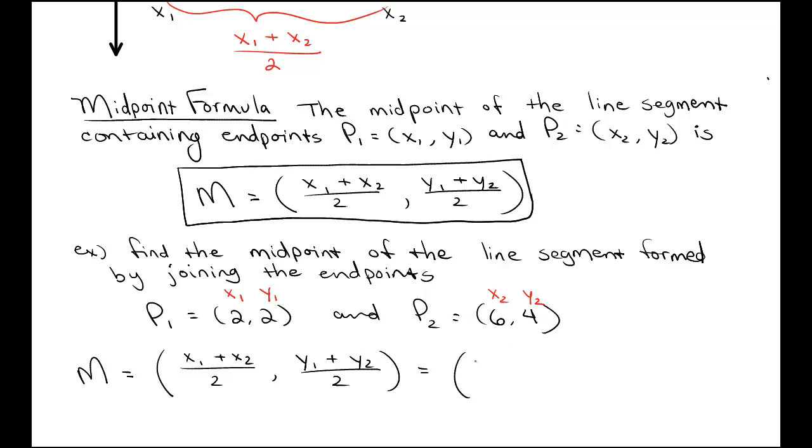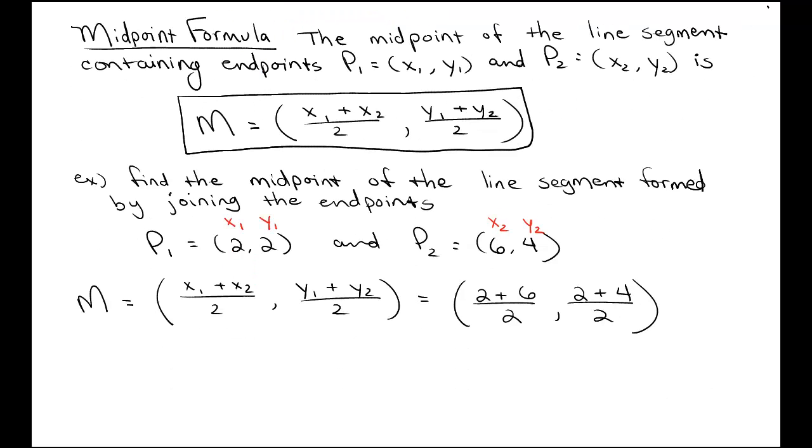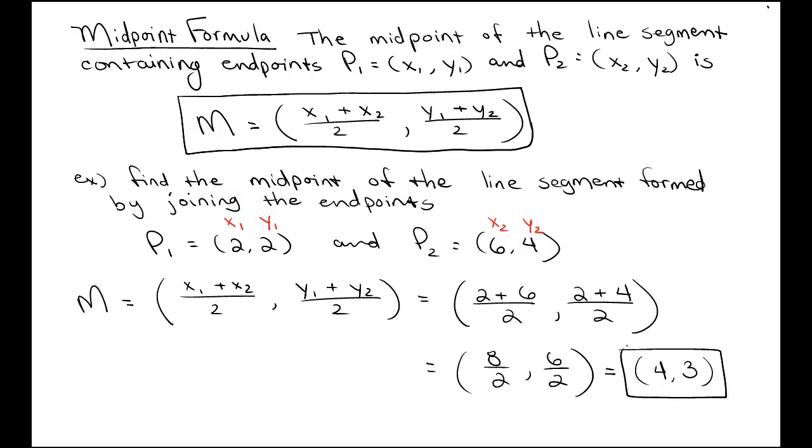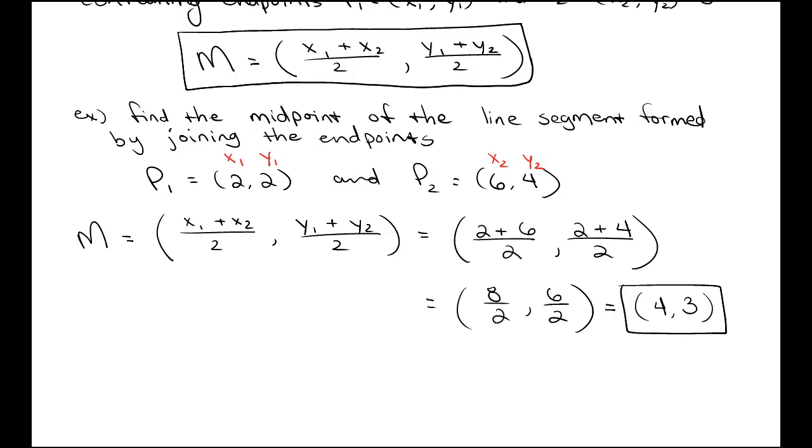So now I just do straight substitution. 2 plus 6 divided by 2 comma 2 plus 4 divided by 2, and this is going to come out to 8 divided by 2 comma 6 divided by 2, which is 4 comma 3. That will be our midpoint. And that's how we find the midpoint of a line segment containing these two endpoints.